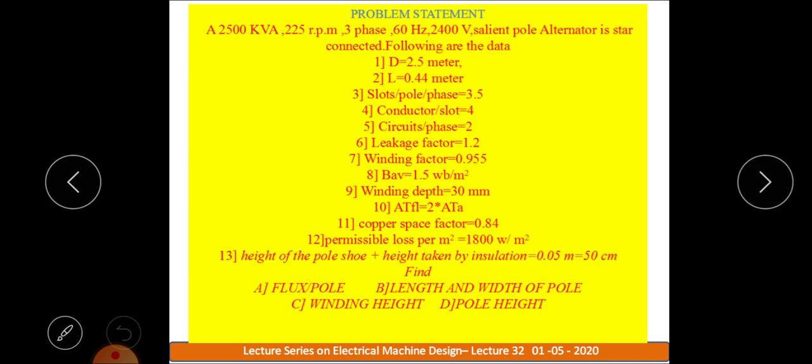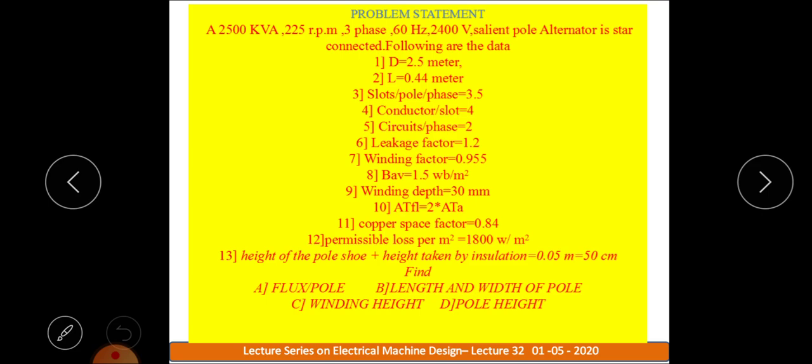Leakage factor is 1.2. Winding factor is 0.955. BAV, that is the specific magnetic loading, is given as 1.5 Weber per meter square. Winding depth is given as 30 mm, and field ampere turns is given as 2 times the armature ampere turns.